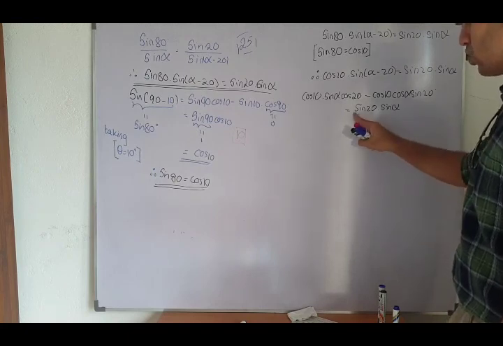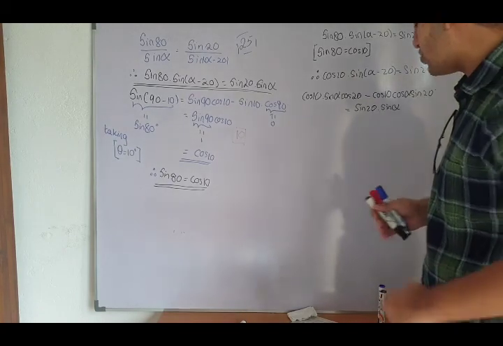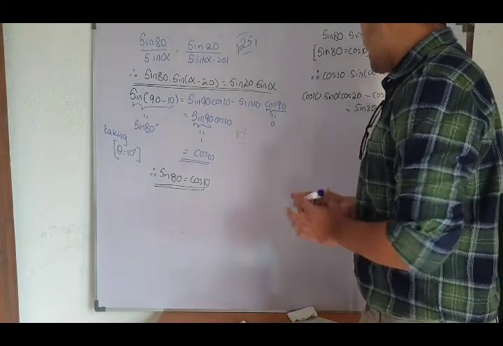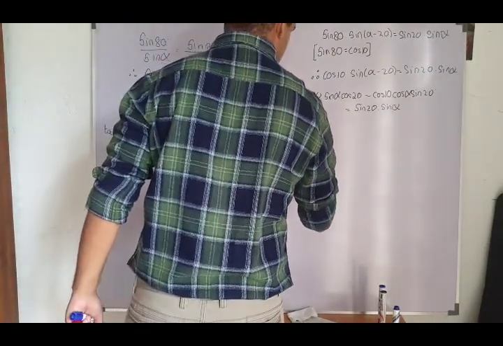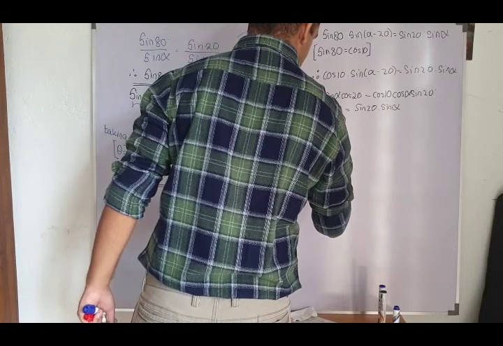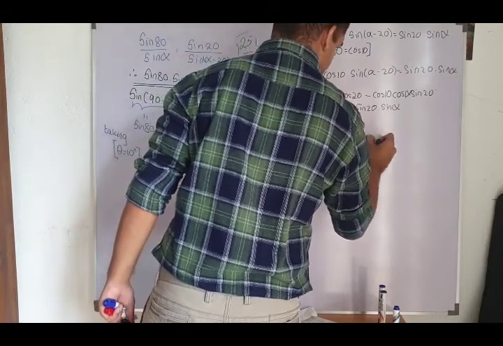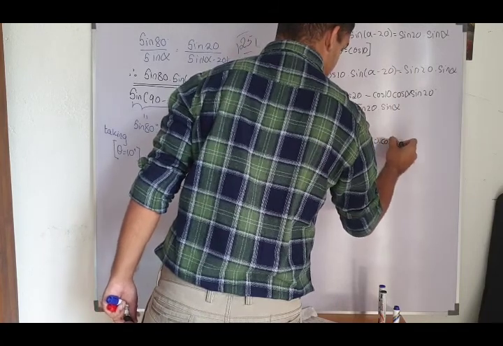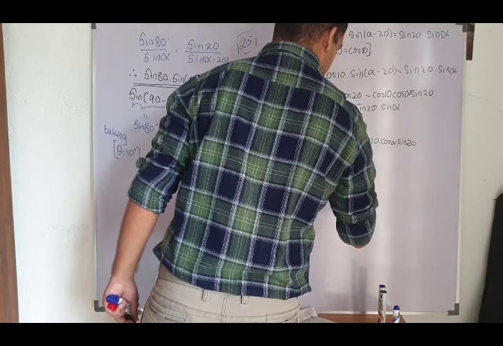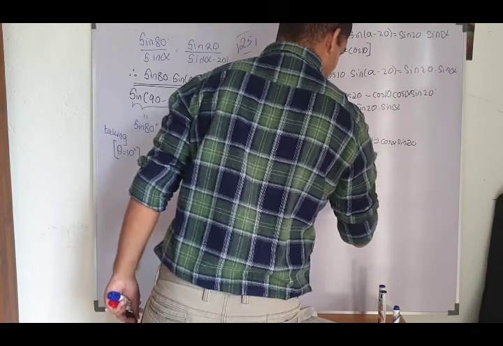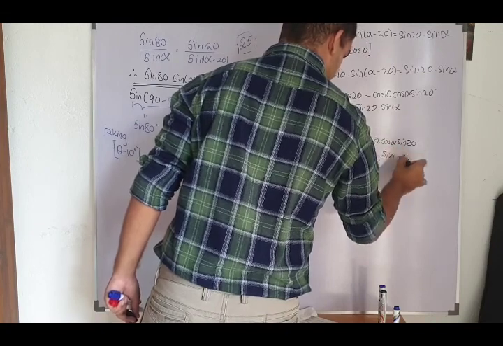So let's solve the right hand side, sine 20. I'll rewrite this expression: cos 10 sine alpha cos 20 minus cos 10 cos alpha sine 20 is equal to 2 sine 10 cos 10 dot sine alpha.